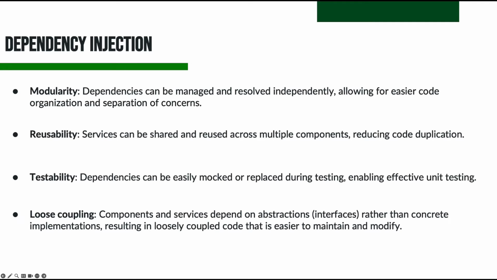And finally, loose coupling: components and services depend on abstractions or interfaces rather than concrete implementations, resulting in loosely coupled code that is easier to maintain and modify. So now let's move on and see services and dependency injection in action.